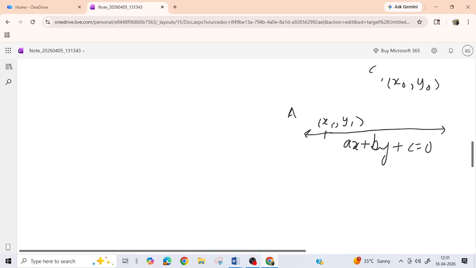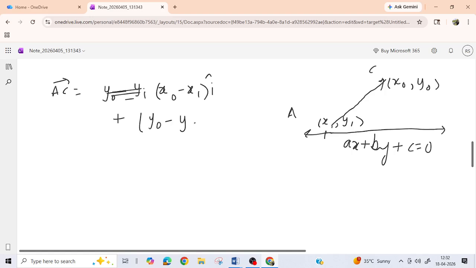Alright, now what is the vector notation of AC? Okay, so the vector notation of AC is nothing but C minus A, which is x0 minus x1 i cap plus y0 minus y1 j cap.